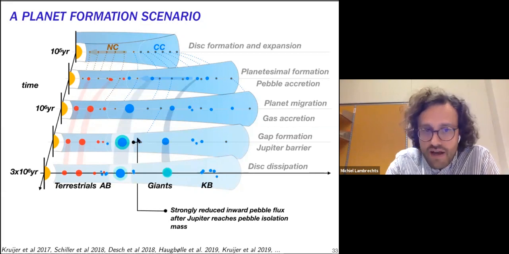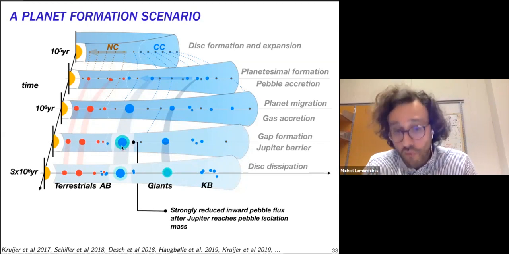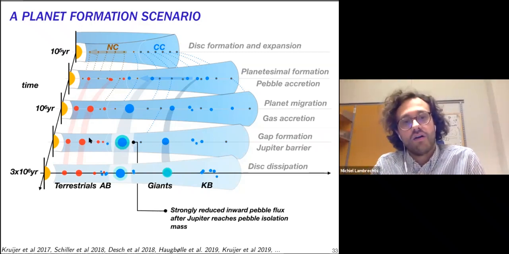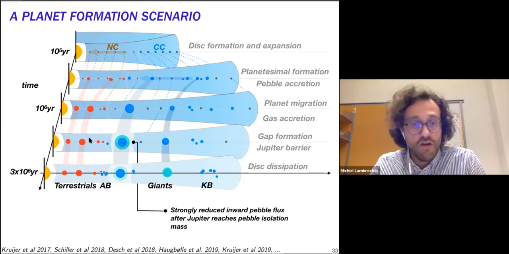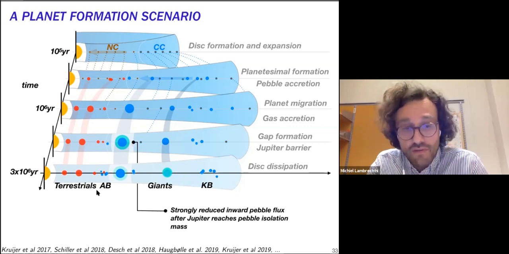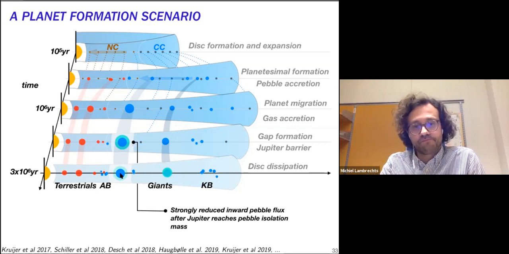Not all the material of the outer disk presumably reaches the inner disk, because at some point Jupiter forms and probably reaches pebble isolation mass and cuts the pebble flux for these bodies going inwards. And ultimately, you are left with a terrestrial system, which maybe only remained terrestrial because indeed the pebble flux at some point was cut by Jupiter.